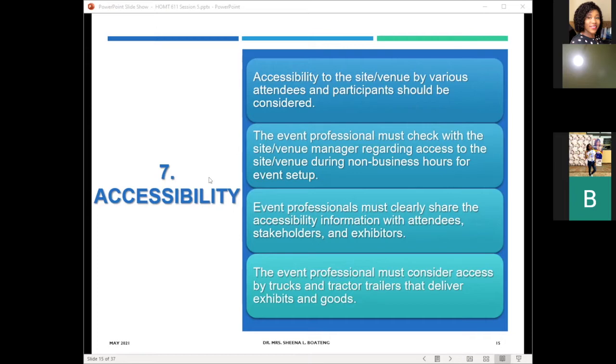You as the event professional also need to think about the accessibility to the venue of the various trucks and trailers that will be delivering items for the event. Because in case the rental company you are using is in town, and you go and get a venue or site that is on the outskirts of town, it will have implications for your transportation, isn't it? Yes. Some rental companies can even say that it's too far, our car cannot go there, so we cannot rent the items to you, go and look for another company.